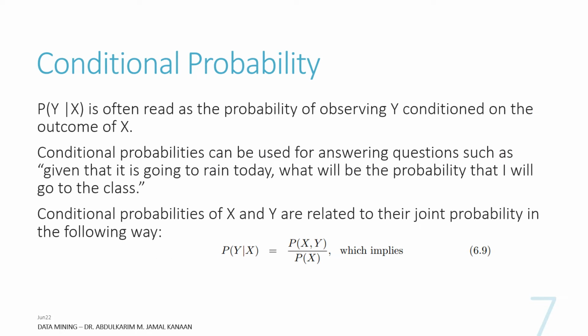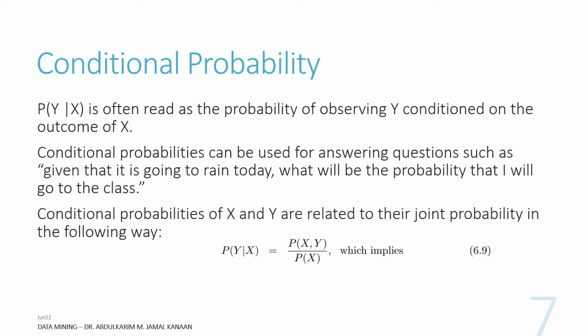We come to conditional probability. Conditional probability is where you have two random variables, x and y, but you're looking for the probability of y given that x has already happened. You can think of it as two events, x and y. You're looking for the probability of event y occurring given that event x has already occurred.